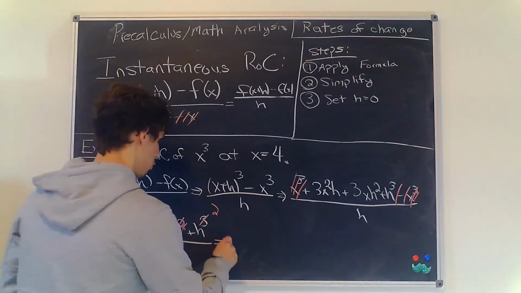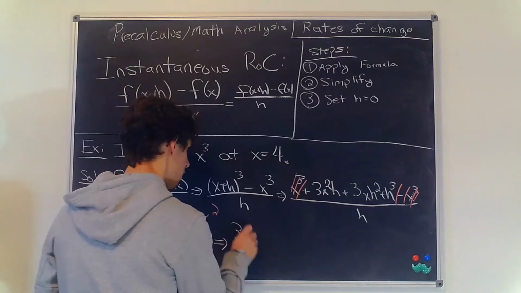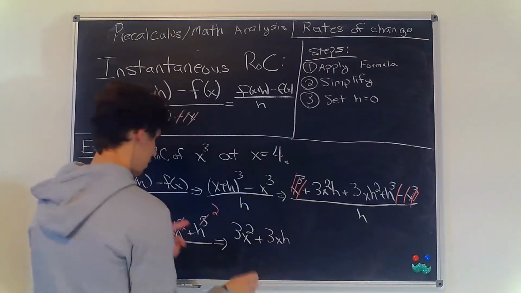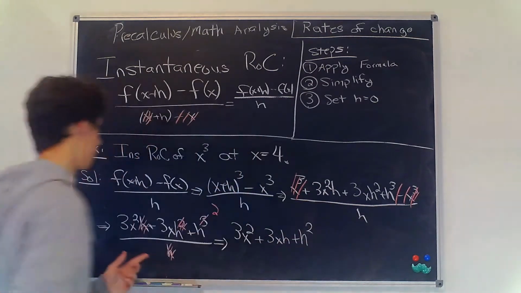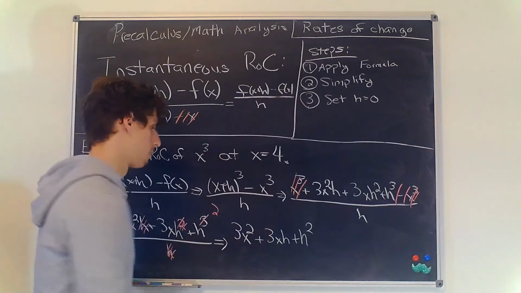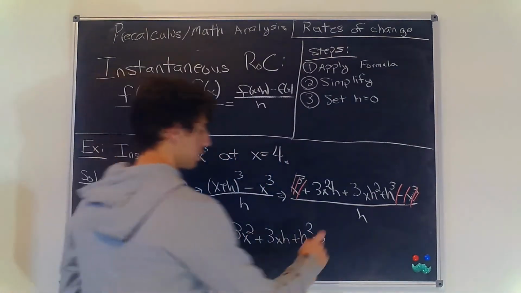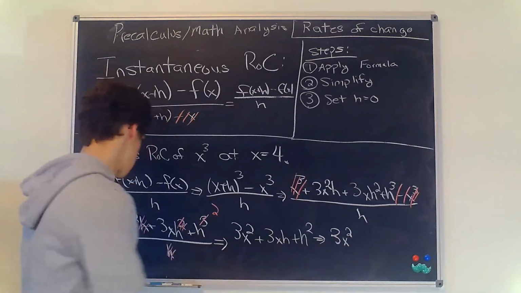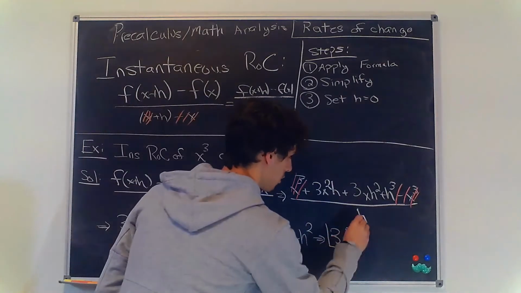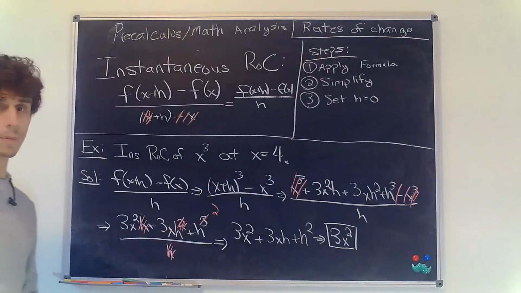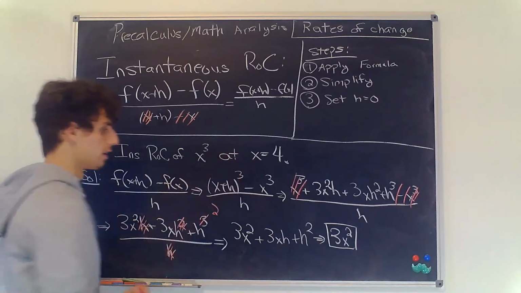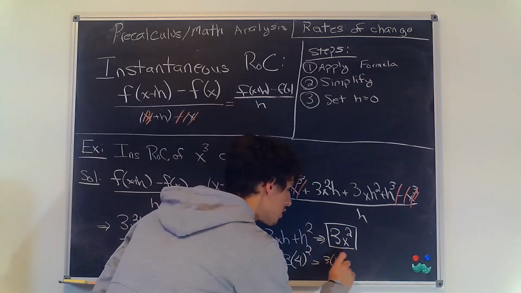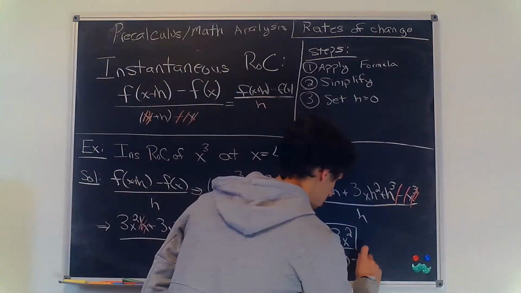So now we are left with 3x squared plus 3xh plus h squared. But now with no h in the denominator, we can set h equal to 0. And this is going to give us just this term, 3x squared. And again, like we said last time, 3x squared is actually the derivative of this function x cubed that we have up here. Now what we have to do is plug in 4 for x, so we have 3 times 4 squared. That's going to give us 3 times 16, which will give us 48.